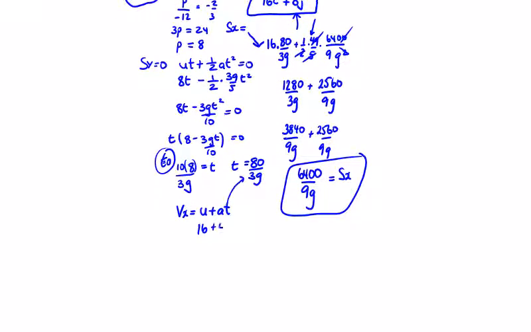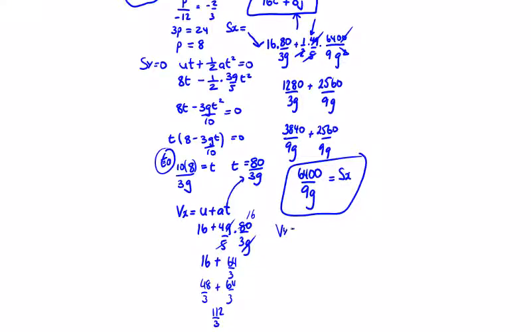So 16, the acceleration was 4g over 5 times time, which is 80 over 3g. Can I divide 5 into 80, 16 times? That's 64 over 3, and that's 48 over 3. 112 over 3. I don't think that simplifies any further.